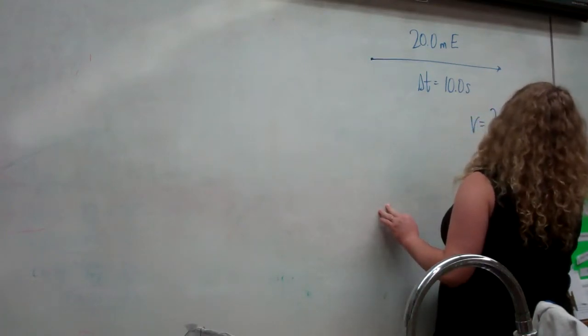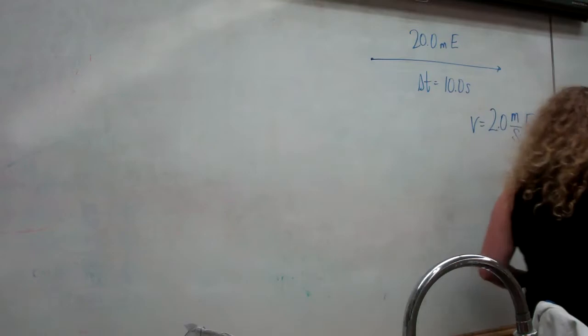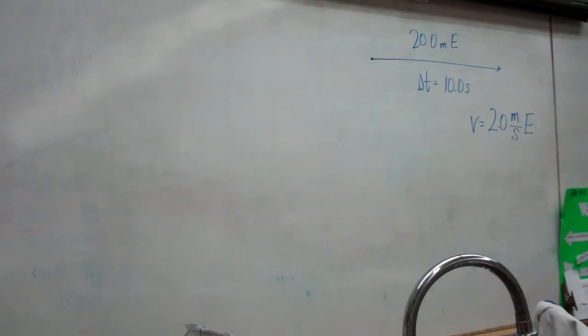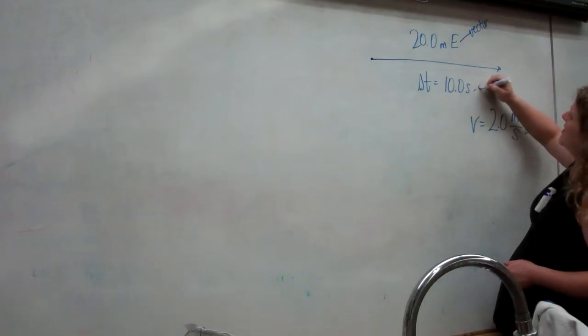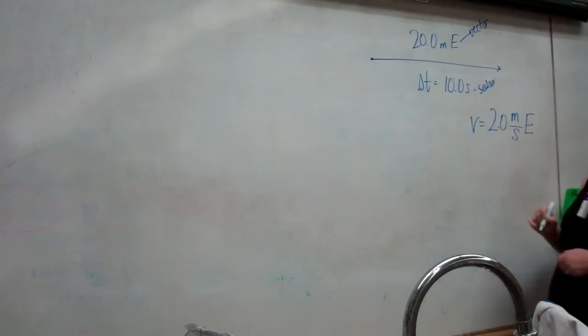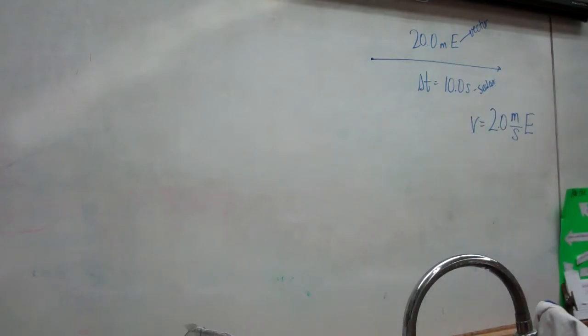Okay, 2 meters per second east. Is that vector or scalar? Somebody in red. Yeah, it's a vector. So this is a vector. This is a scalar. We divide a vector by a scalar, and lo and behold, we get another vector. Okay? So when we've got a vector and we multiply or divide it by a scalar, we're going to come out with a vector.